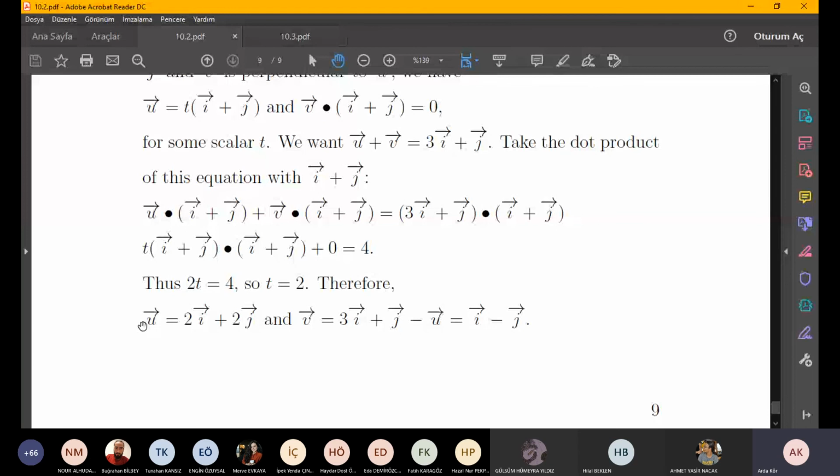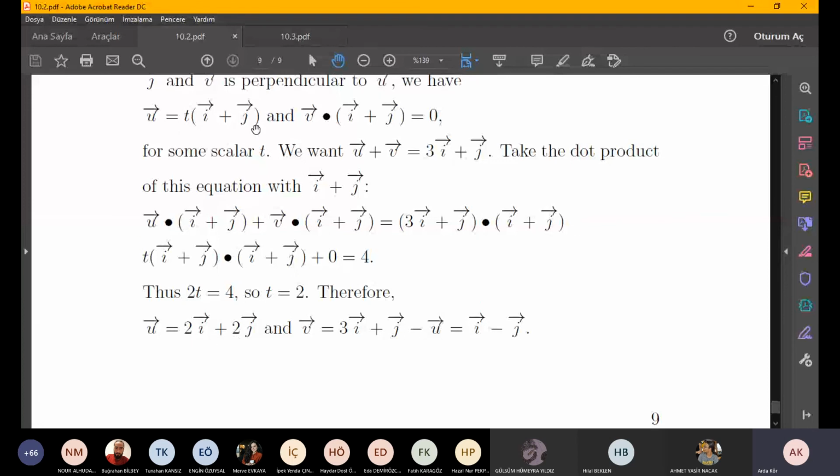It yields that u has to be the vector with components 2 and 2, and v has to be the subtraction of u from 3i plus j. So it will directly give you 3 minus 2 i plus 1 minus 2 j, which will be the vector v with components 1 and minus 1.